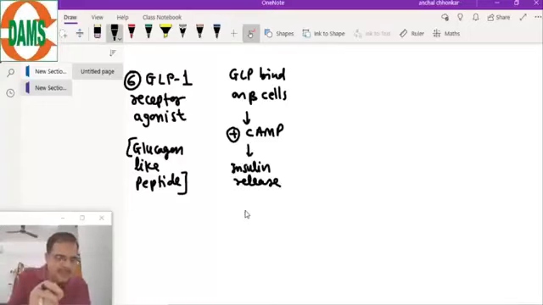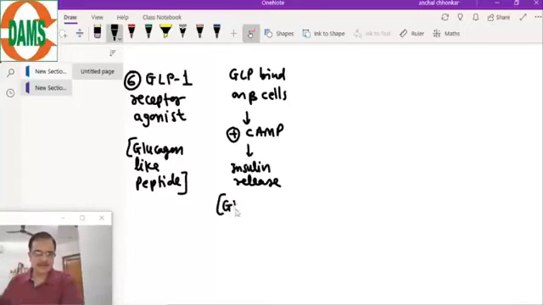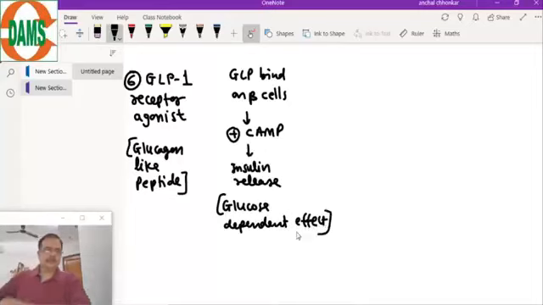And remember, this is a glucose dependent effect. Now understand what is the meaning of glucose dependent. The patient takes some food, the carbohydrate, glucose level increases, and that then leads to insulin release.